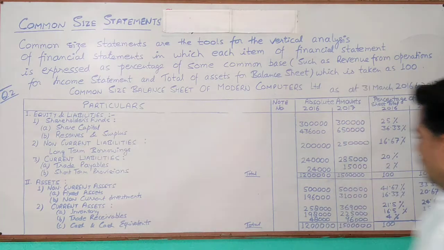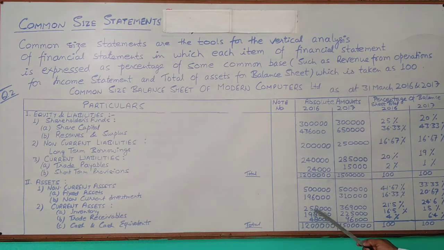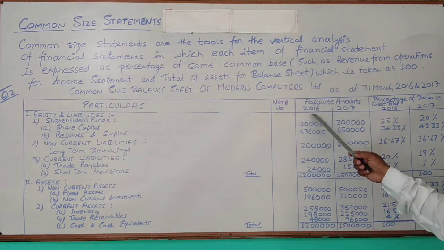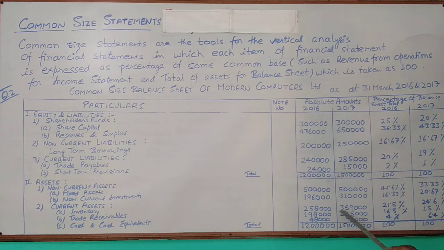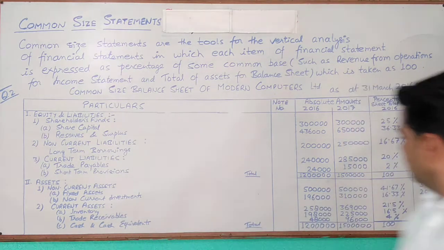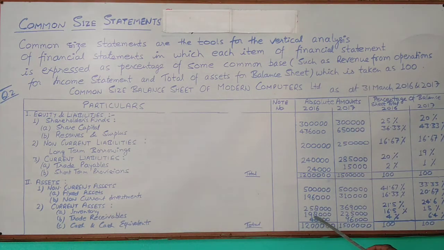Inventory has the amount rupees 2,58,000 in the year 2016 and rupees 3,69,000 in the year 2017. And trade receivables are 1,98,000, whereas in 2017 they become 2,25,000.